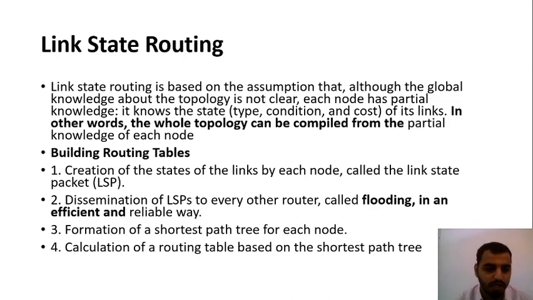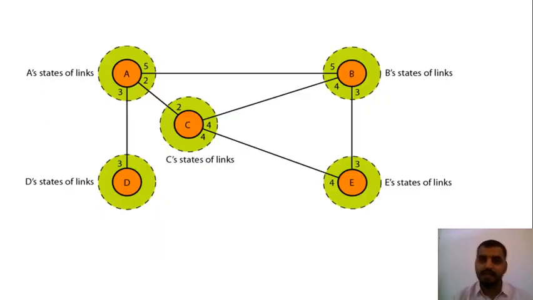Now, what is the third point? Formation of the shortest path tree for each node. The fourth point is calculation of the routing table based on the shortest path tree. After making the tree, you will decide the shortest path. Why? Because every table has the shortest route information with reference to other routers.